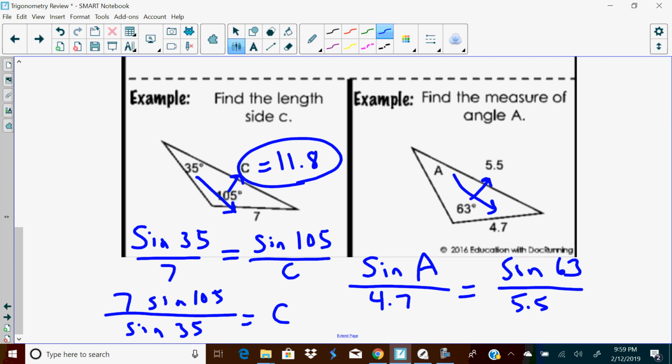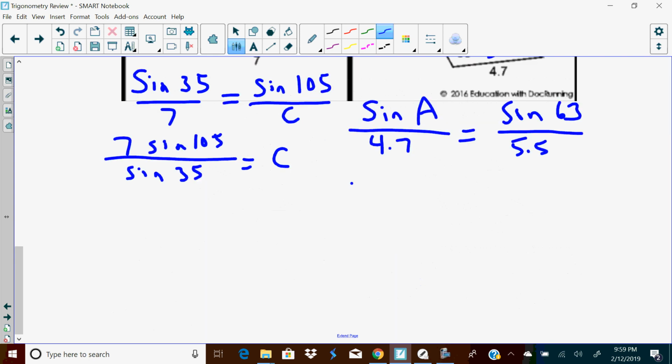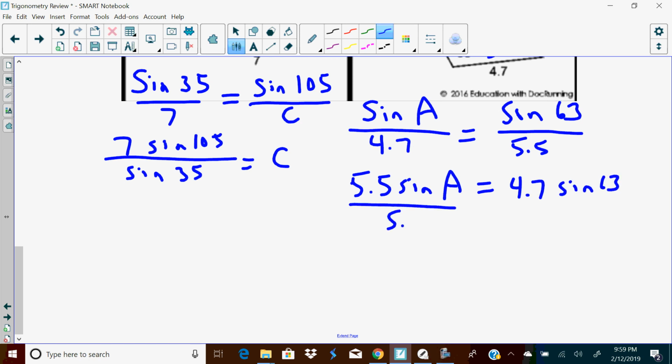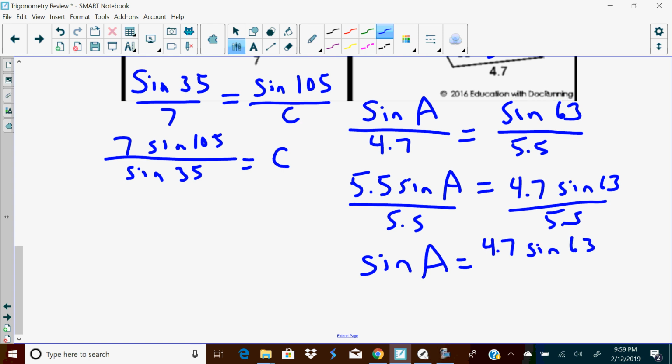So I know that 5.5 times the sine of A equals 4.7 times the sine of 63. Divide both sides by 5.5. So I get the sine of A equals 4.7 times the sine of 63 divided by 5.5.